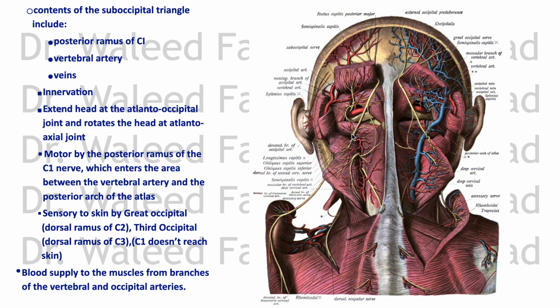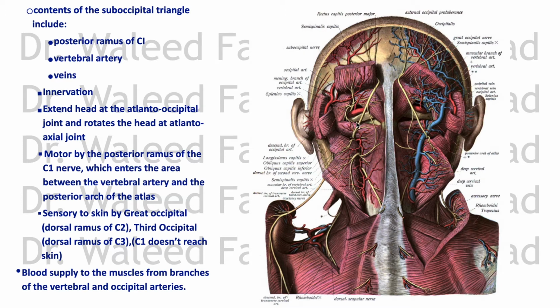They cover the suboccipital triangle. When they are reflected, the triangle is exposed now. See, this is the inferior oblique, this is the superior oblique, and this is the rectus capitis posterior major and minor besides it. And in the floor, you can see the posterior arch of the atlas.